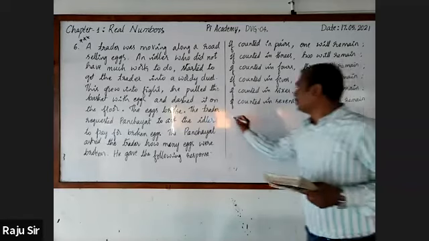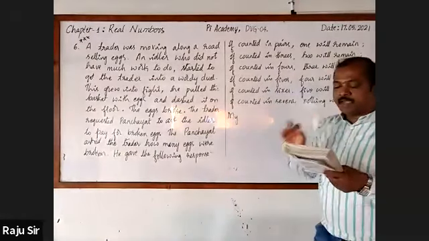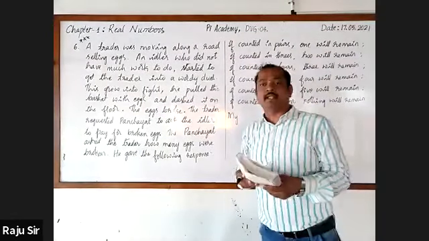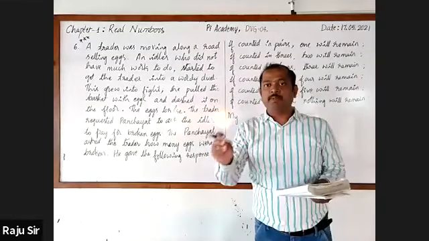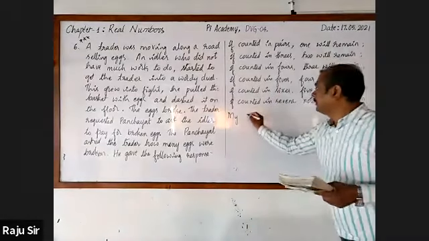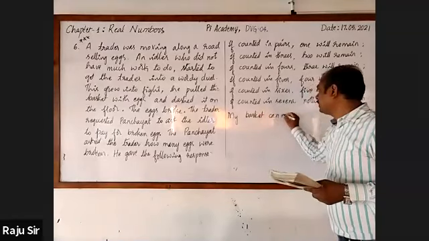Next, one more condition is there. He tells that my basket cannot accommodate more than 150 eggs. Means the maximum number of eggs that can be placed in the basket is 150.